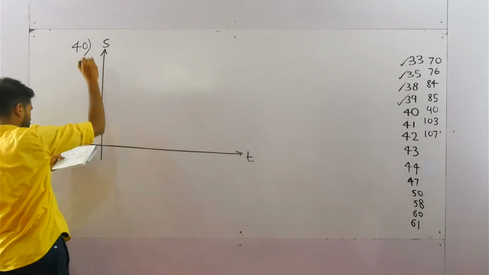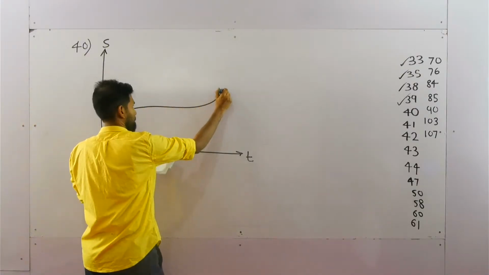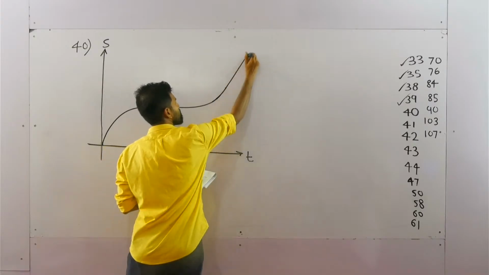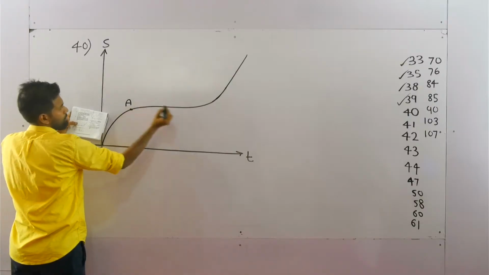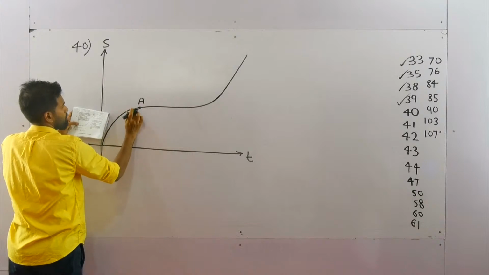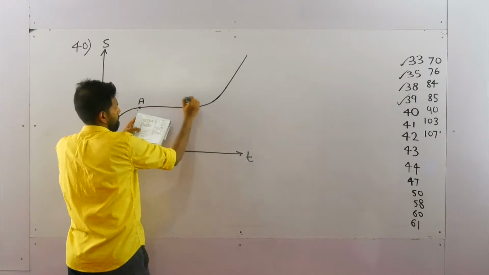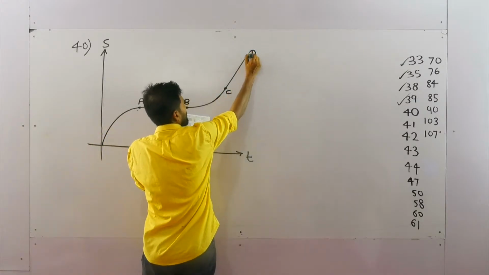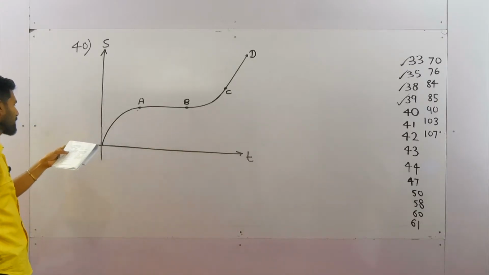This is point A. This is point B. This is point C. This is point D.